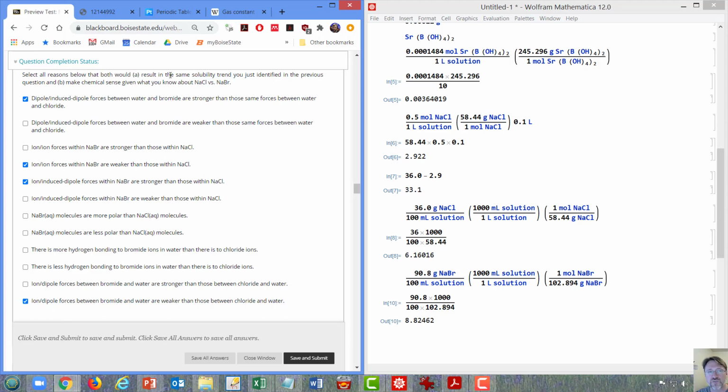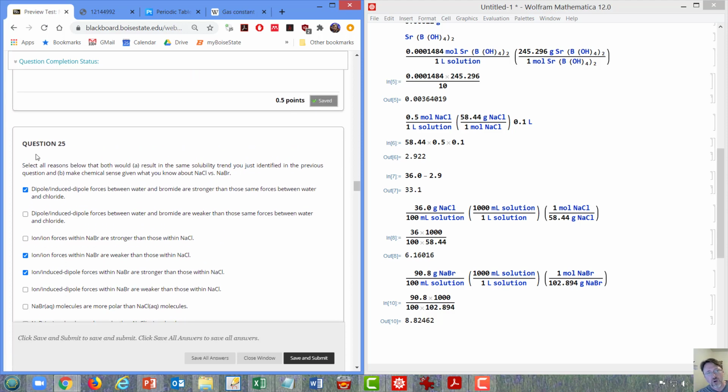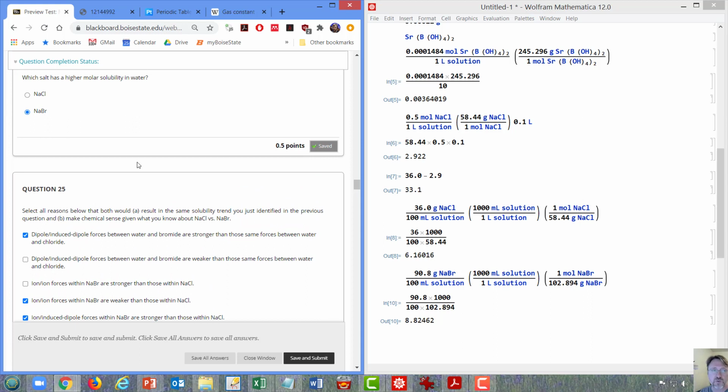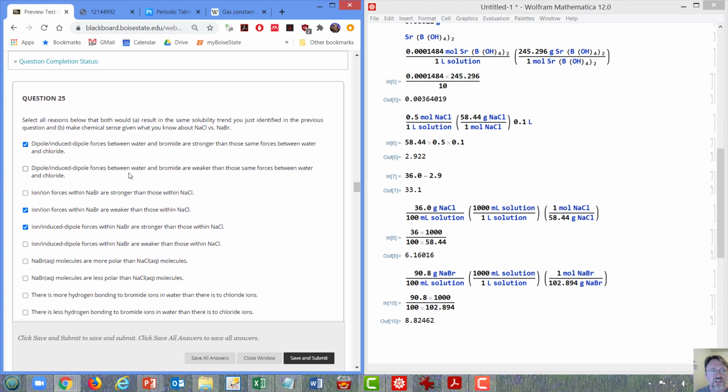Now we need to figure out which of these show the same solubility trend that we just identified, where sodium bromide is more soluble in water than sodium chloride. So this one here is talking about the forces between water and the ions. And so we want these forces to be strong in order to favor solubility.